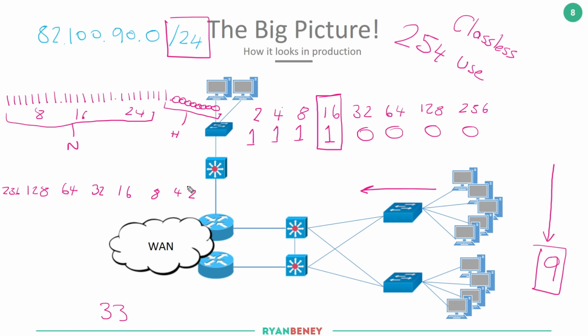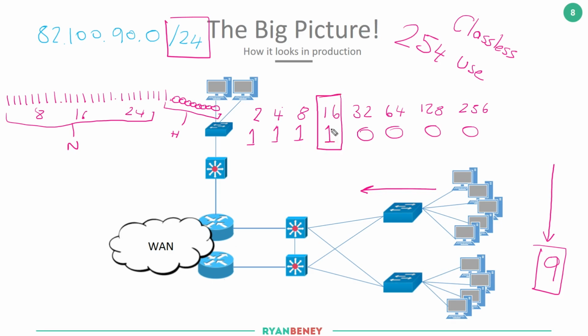Well, what we would need to do is have these bits turned off, and 32 is too small, and we'll turn on the bits once we've hit our requirement. So you can subnet from left to right for networks and from right to left for hosts. In this case, we're going to be doing it based on the subnet requirement as previously explained. We've done that and we've come up with 16 being the smallest that we can have.